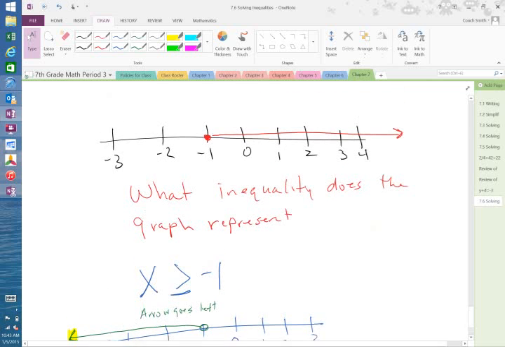Just like up here, the point on the arrow and the inequality sign, they're the same. So if you can't remember, well, it's going to the right, is that the greater than or is that the less than sign? Just look at the point on the arrow.